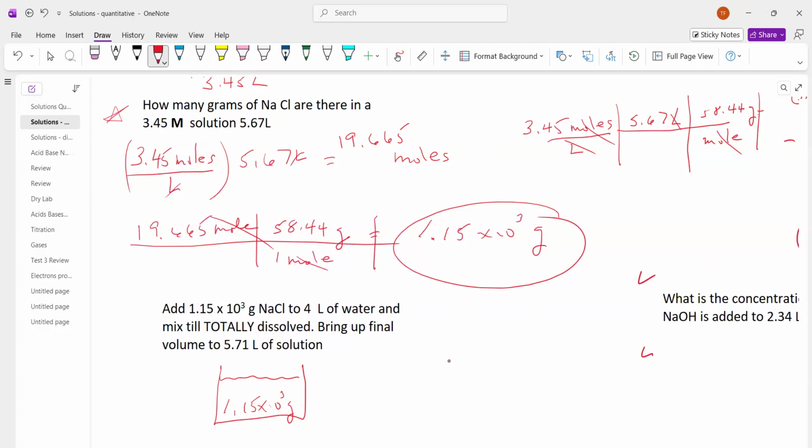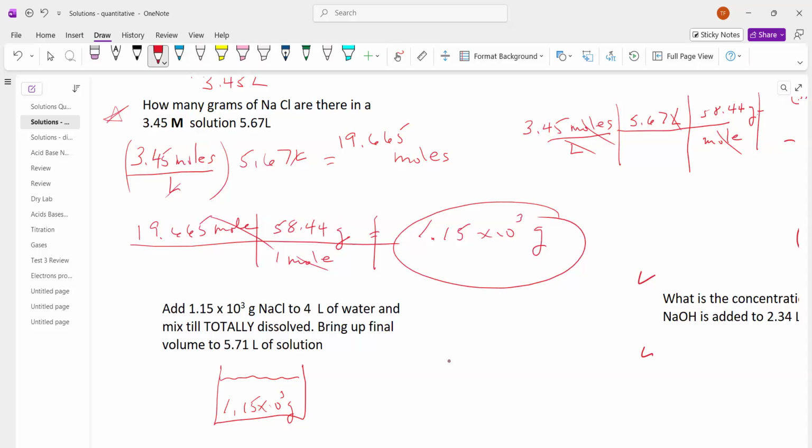So if we have 1.15 times 10 cubed grams, and we put in exactly 5.67 liters of water, are we going to end up with 5.67 liters all said and done, for the volume of solution? It's like when you sat in the tub, the water went up. When we put that salt in the water, guess what the water did?